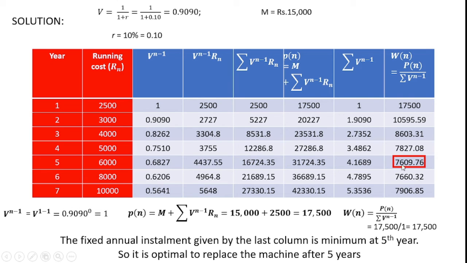Likewise, the W n value increases, so the fixed annual installment given by the last column is minimum at the fifth year, which is 7,609.76. So it is optimal to replace the machine after 5 years. That is the reason I put the red color box here.